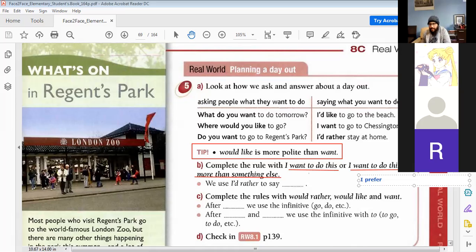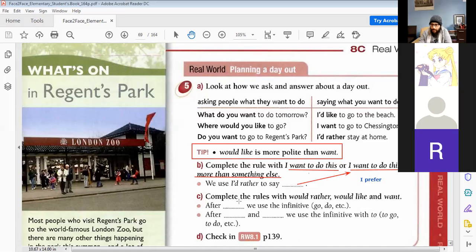But I'd rather is usually instead of or at the expense of the other thing. So if you say I'd rather have a cup of coffee, it means instead of the other option. So rather means I want this more than something else. So the second answer is the correct one.